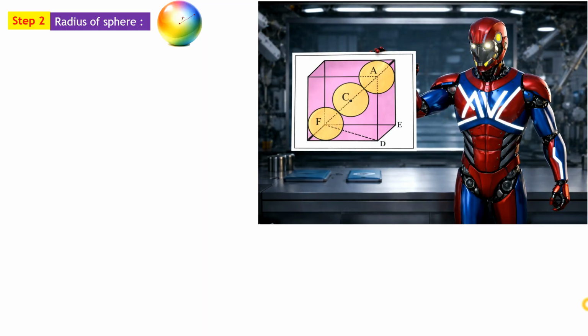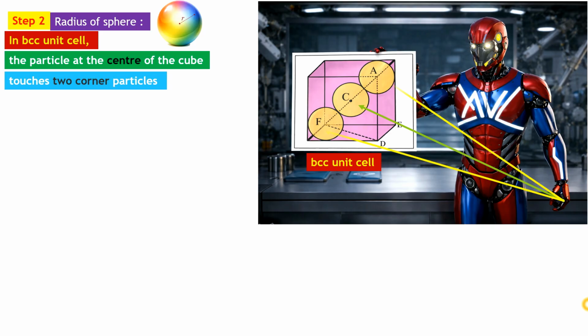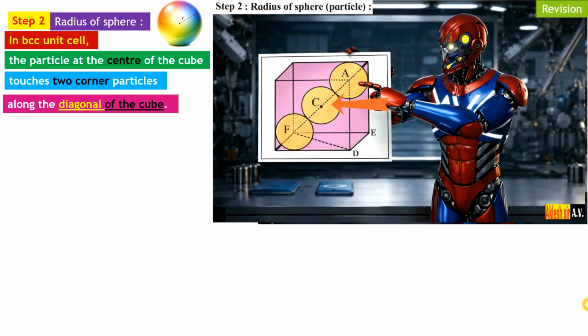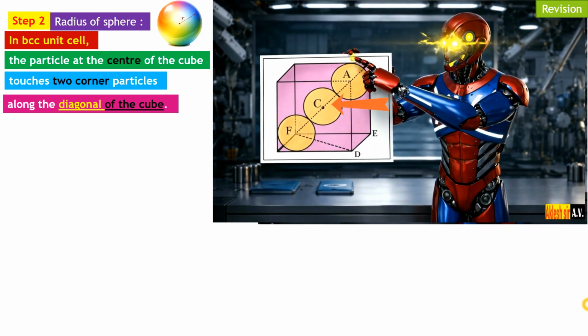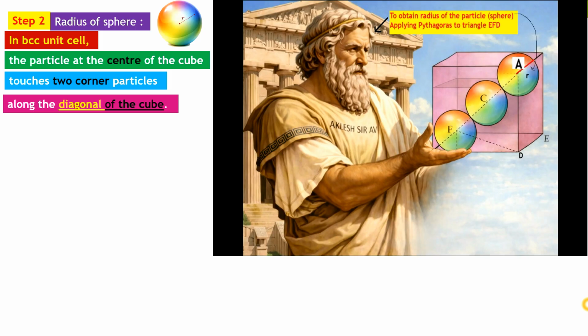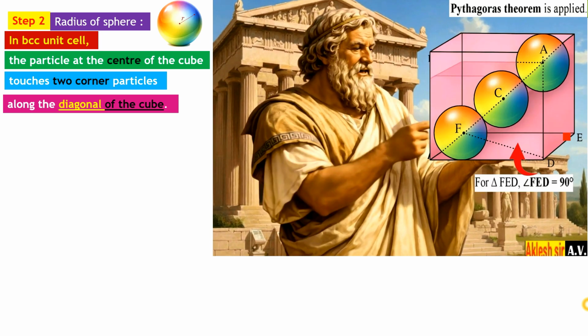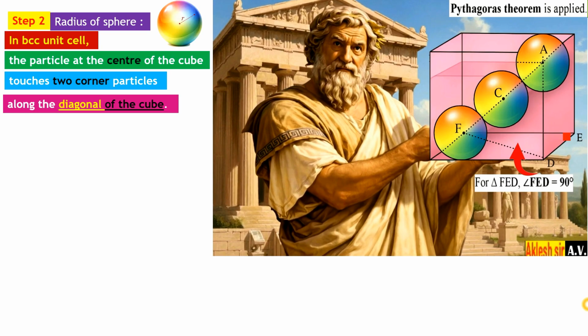Step 2. Radius of sphere. In a BCC unit cell, the particle at the center of the cube touches 2 corner particles along the diagonal of the cube. In the body-centered unit cell, the sphere with center C touches 2 corner spheres with centers A and F. To obtain the radius of the particle, we now apply Pythagoras' theorem to triangle EFD, where angle E is a right angle.